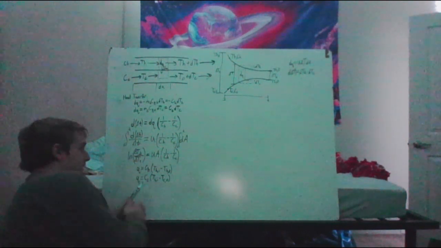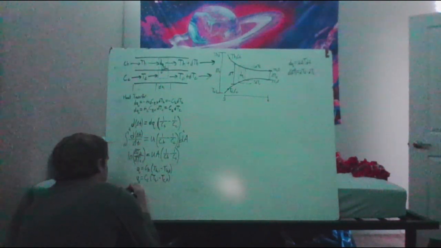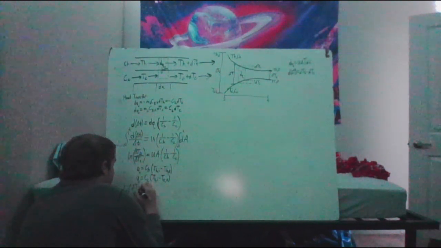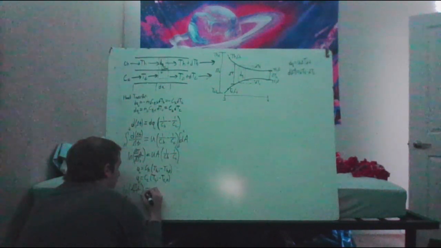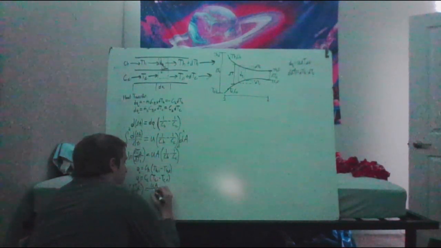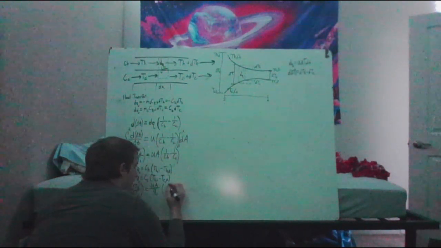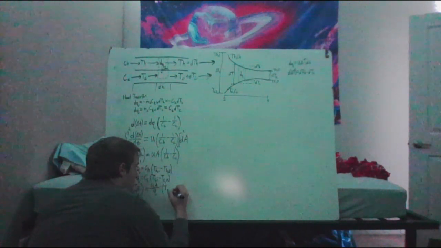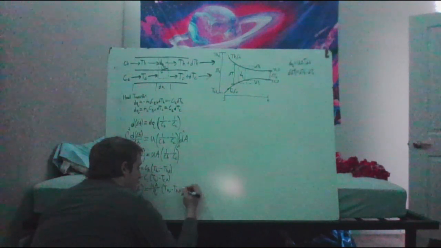And then now what we can do is plug these in here, and we will end up getting ln delta T2 over delta T1 is equal to U A over Q times T HI minus T H0.